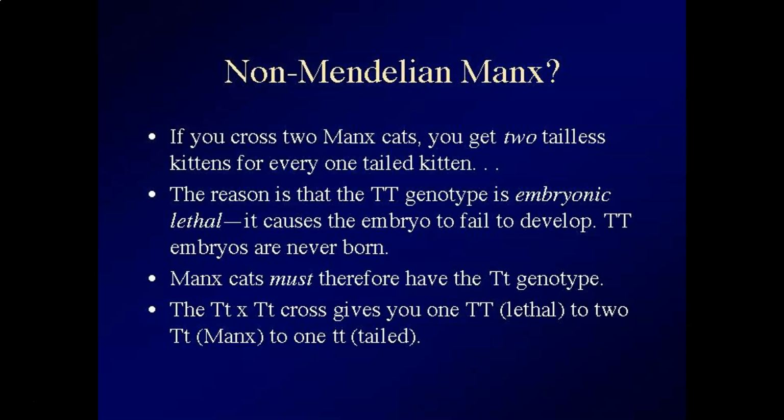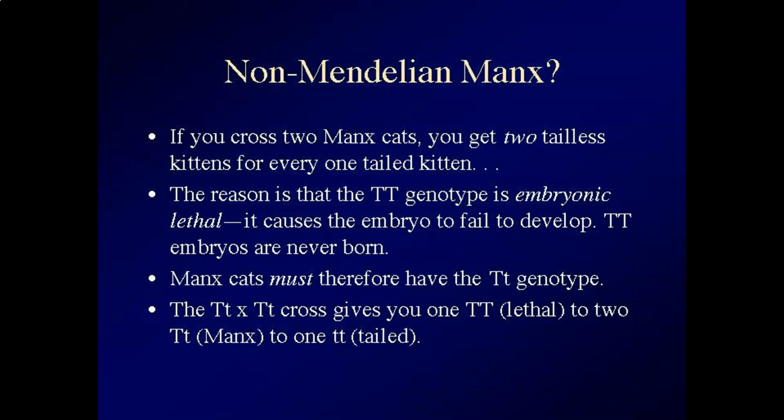The reason for it is that to be homozygous dominant for this genotype is what we call embryonic lethal. So what does that mean? It causes the embryo to fail to develop. So any individual embryo that would have inherited 2 dominant Ts, 2 tailless genes from each parent, never actually gets born.